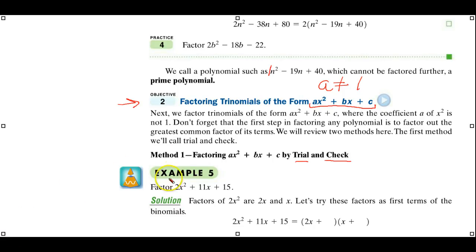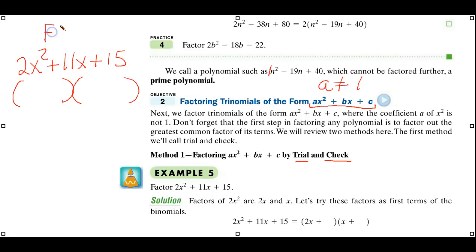So let's take a look at our first one here. As we look at it, there is no common factor. It's in standard form. So we put, as part of our protocol, 2 parentheses. Now again, we're going to try to undo the FOIL.